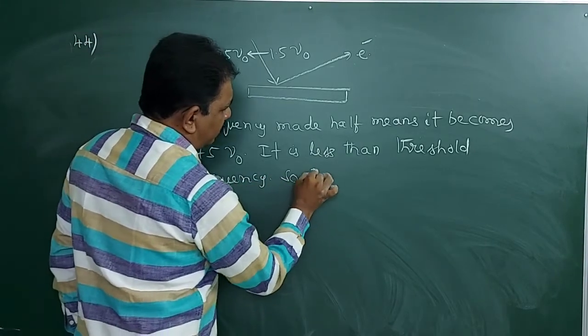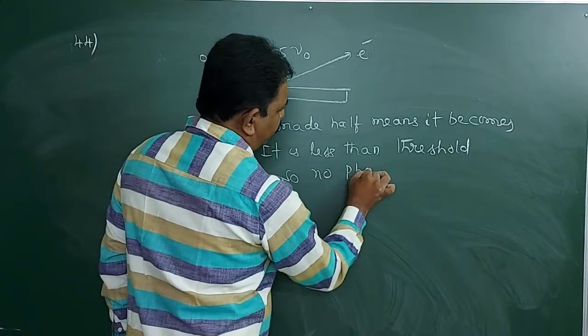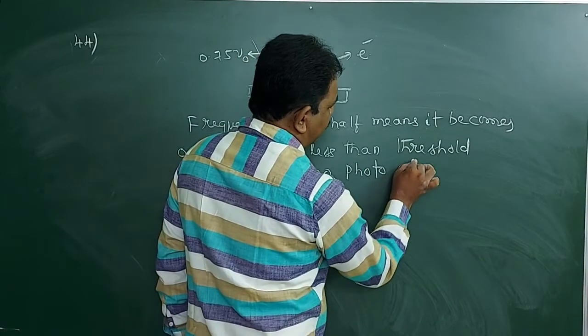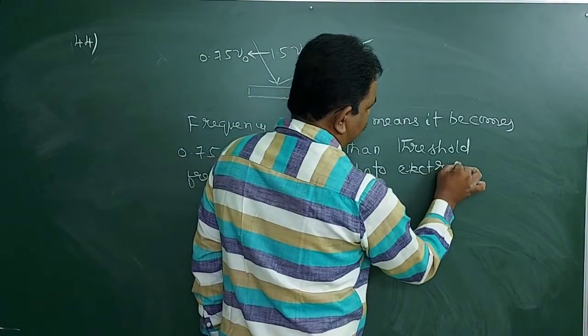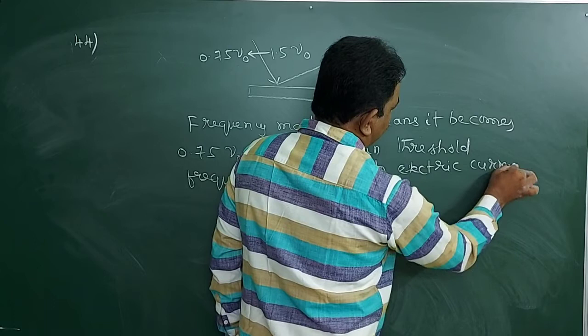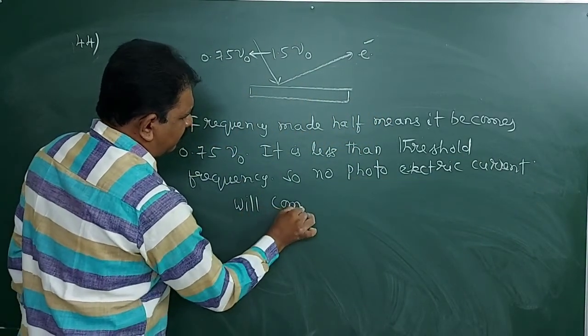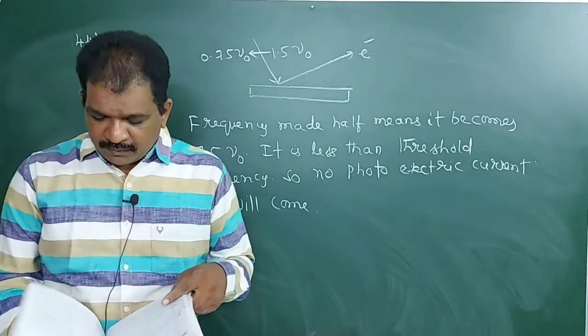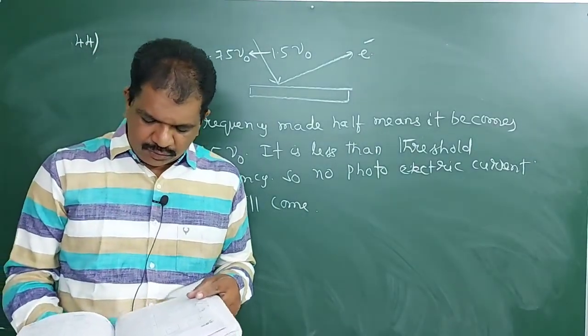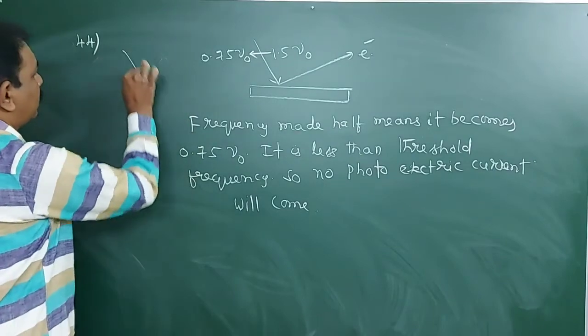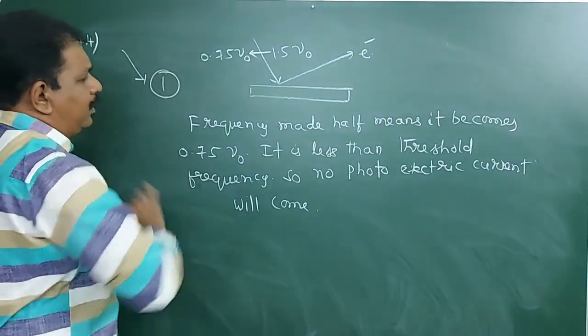So no photoelectric current will come. So the answer for 44 will be the first option.